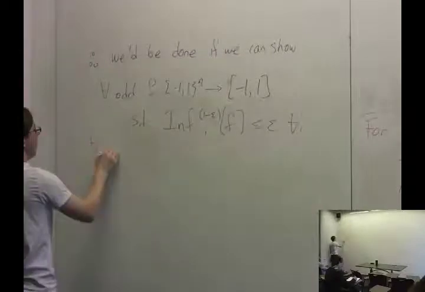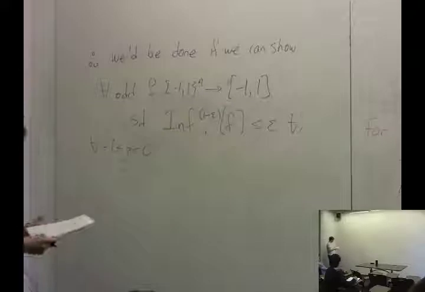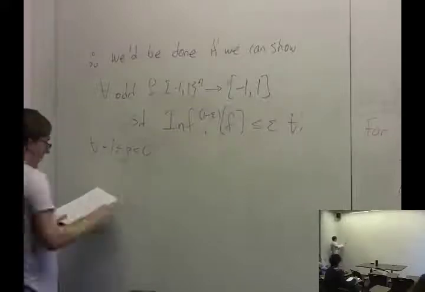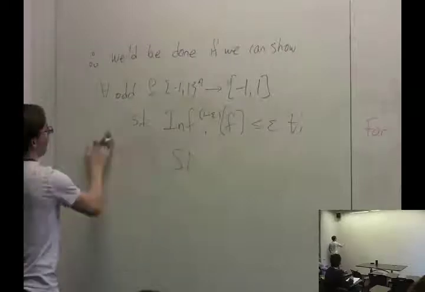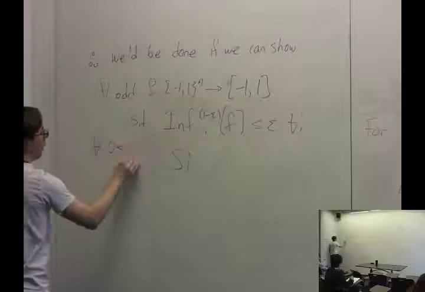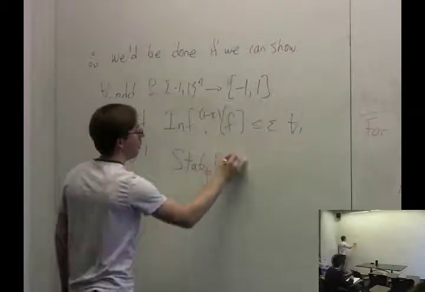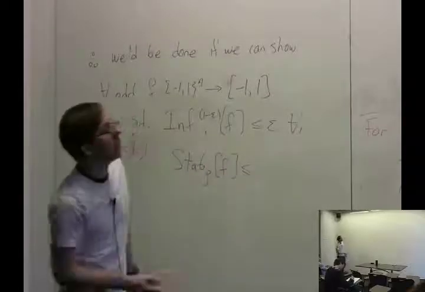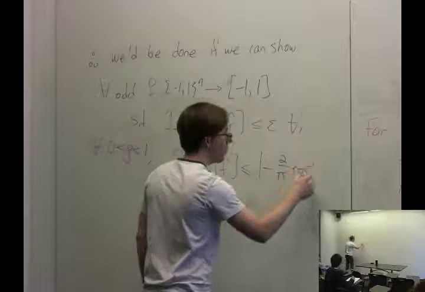For all rho, let me say it like this. Actually, sorry. Let me switch to positive rho now. The noise stability at the positive value is at most this thing, 1 minus 2 over pi cos inverse rho.